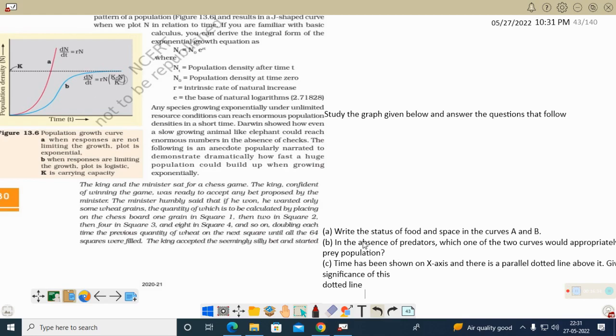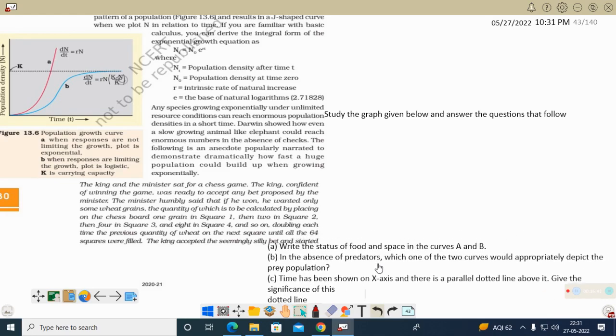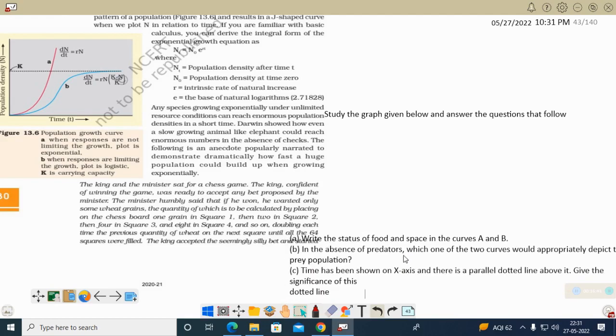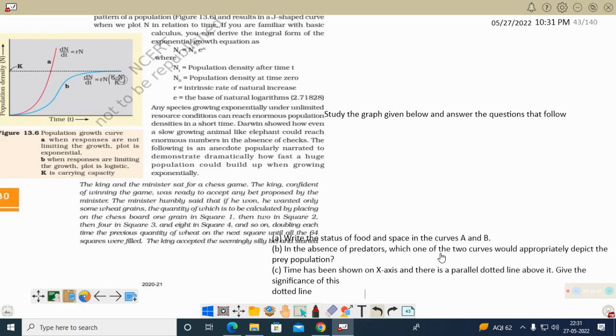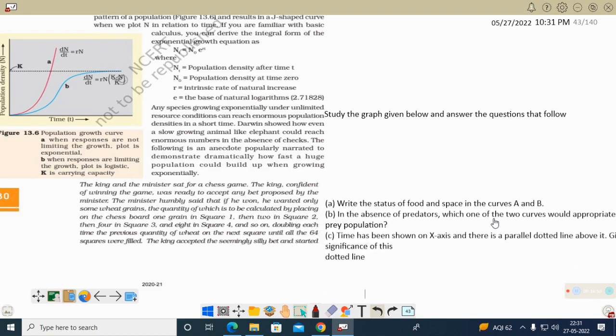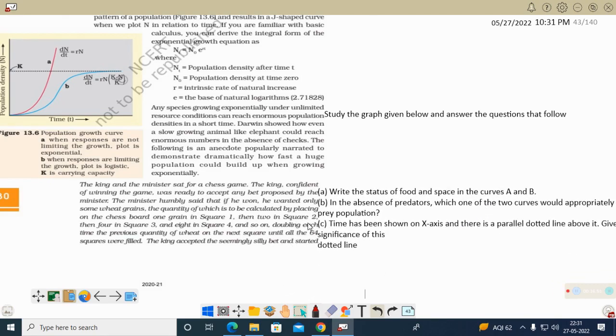Next one, in the absence of predator, which one of the two curve would appropriately depict the prey population? If there is no predators, prey population will be increased.